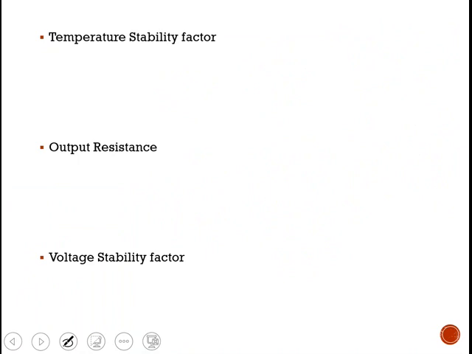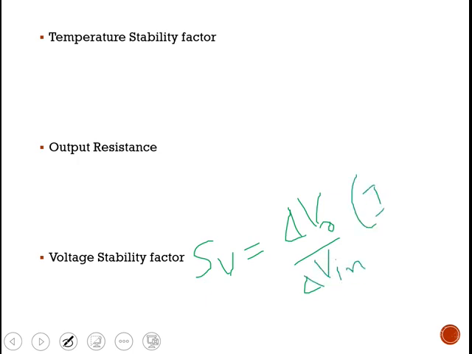Whereas the voltage stability factor gives you a differential value, that is, the voltage stability factor SV is nothing but the change in the output voltage to the corresponding change in the input voltage when you keep the load and temperature constant. So we have come across all the 6 performance parameters of the voltage regulator.